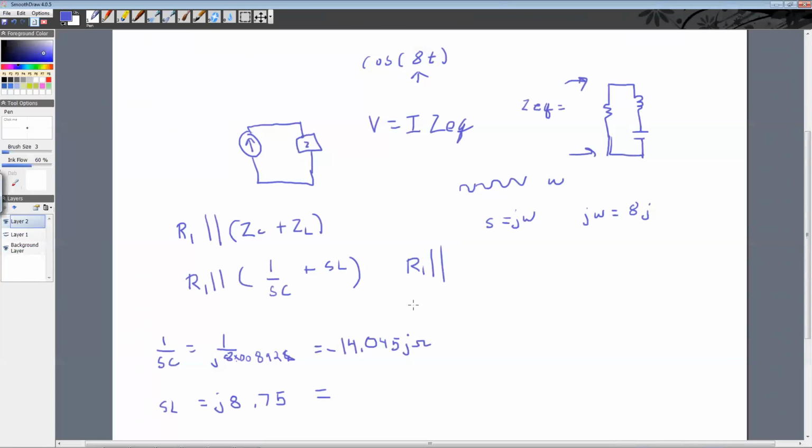Then this is going to be plus 6J ohms. So ZC plus ZL in this case is going to be minus 8.045J.